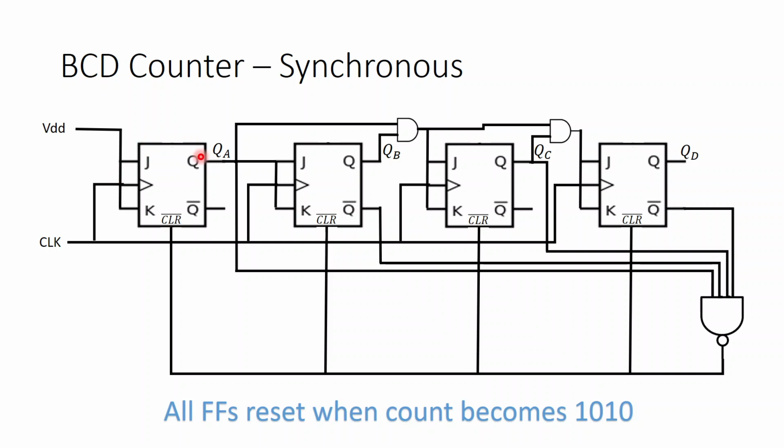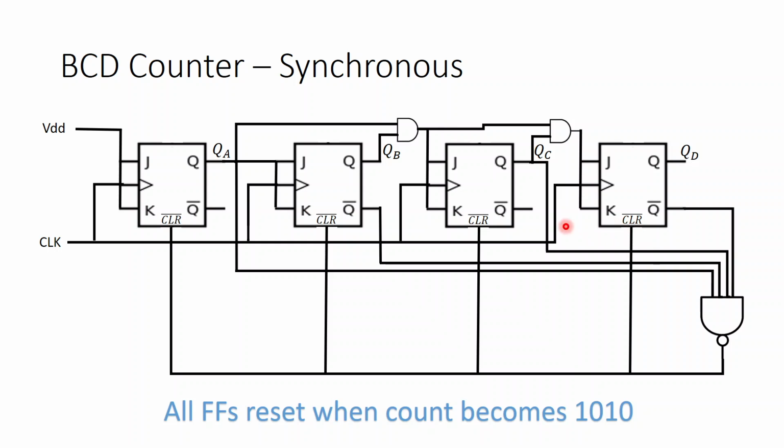So at the next clock cycle, this 0 will pass to QA. Similarly, this same 0 can be connected by an AND gate to JB, JC, JD also, and its complement would be connected via a NOT gate to K, KB, KC, KD.